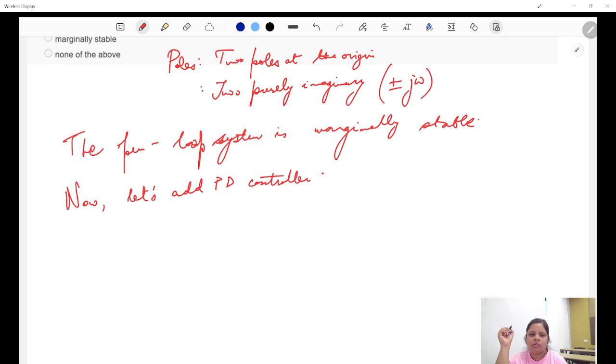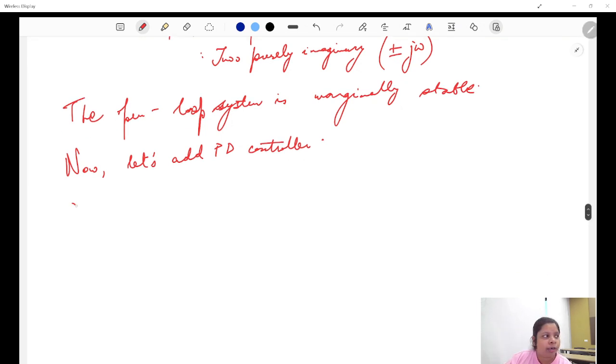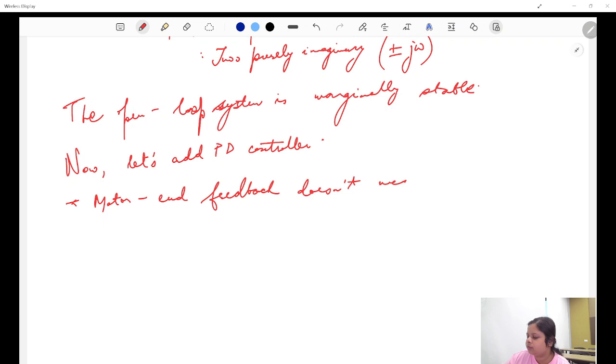Okay. So it would be motor end feedback. Motor end feedback does not measure the motion of the load, right? This is an important point. So what can happen?